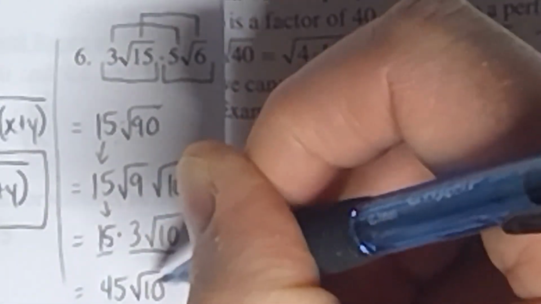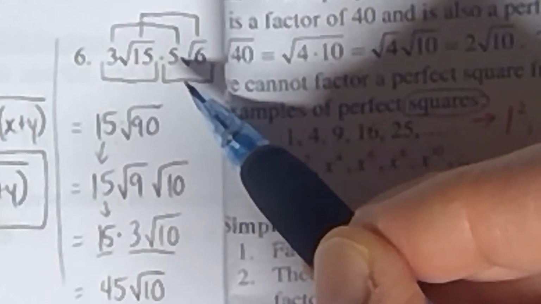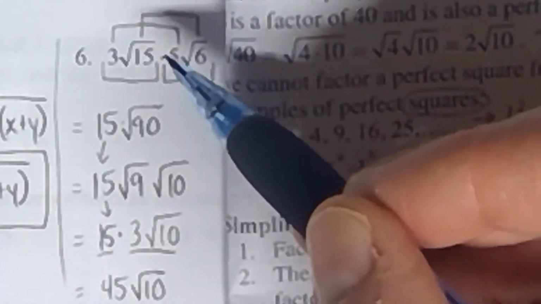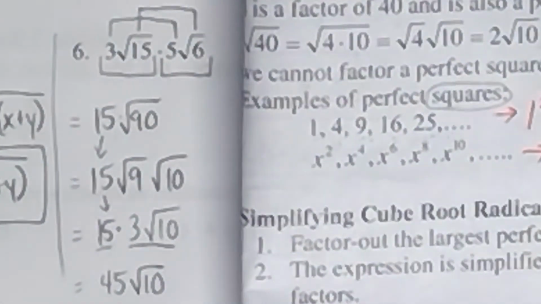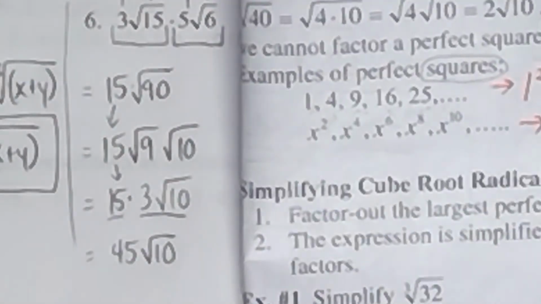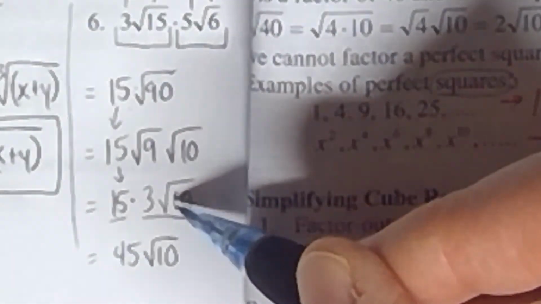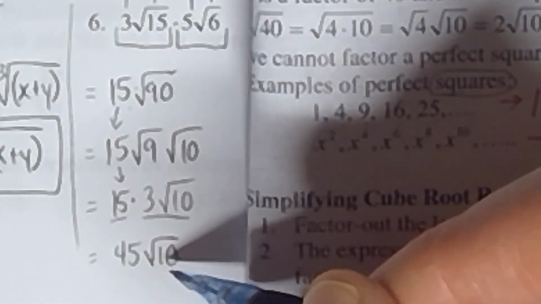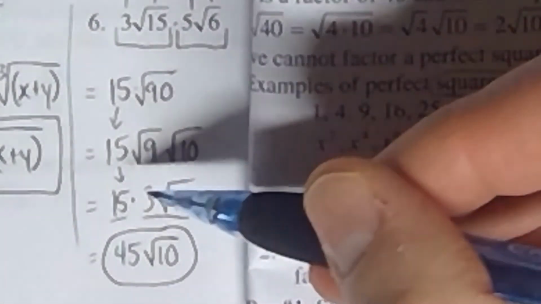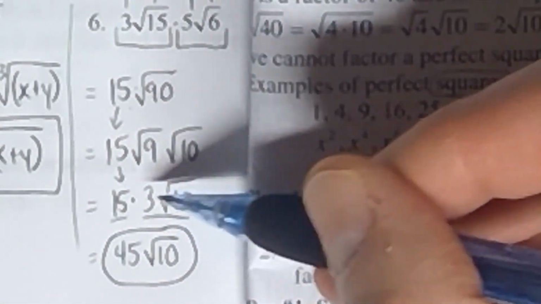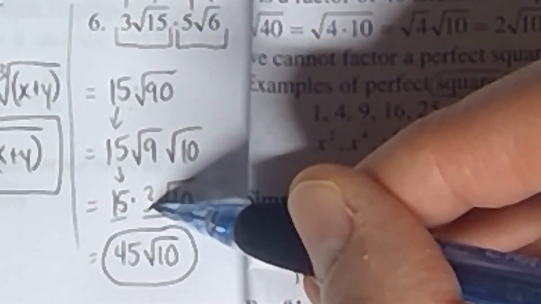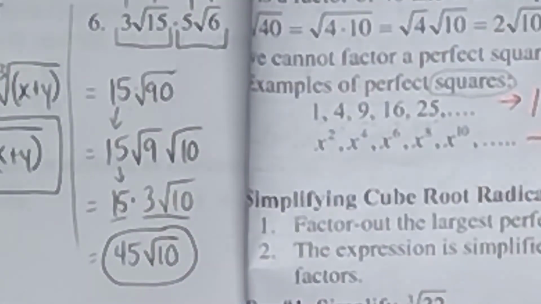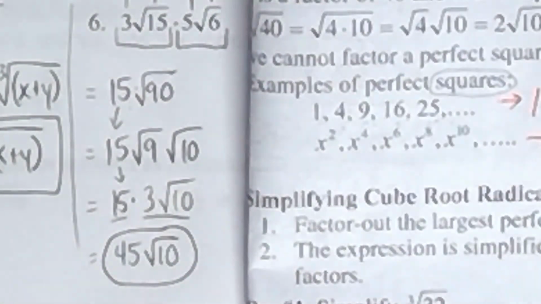Outside times outside stays outside, just like it was up here. But since the square root of 10 does not have another radical to get multiplied by, it would just multiply onto the end. It wouldn't change at all. So regular term times radical term, just multiply the outside parts, and then the radical just comes on down.